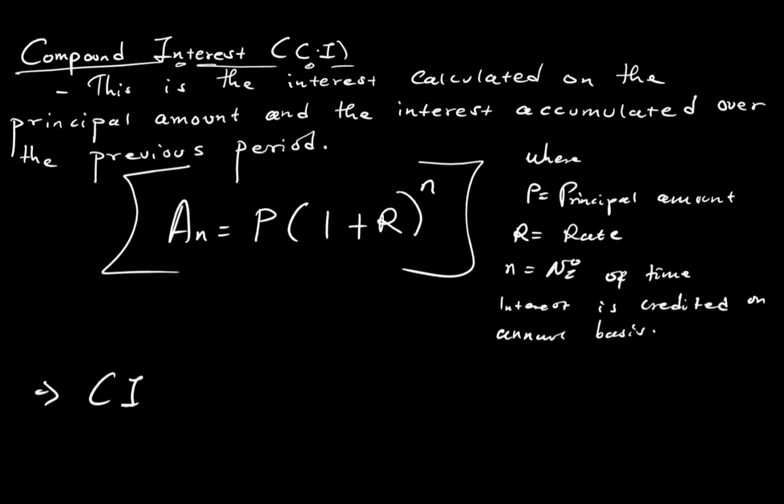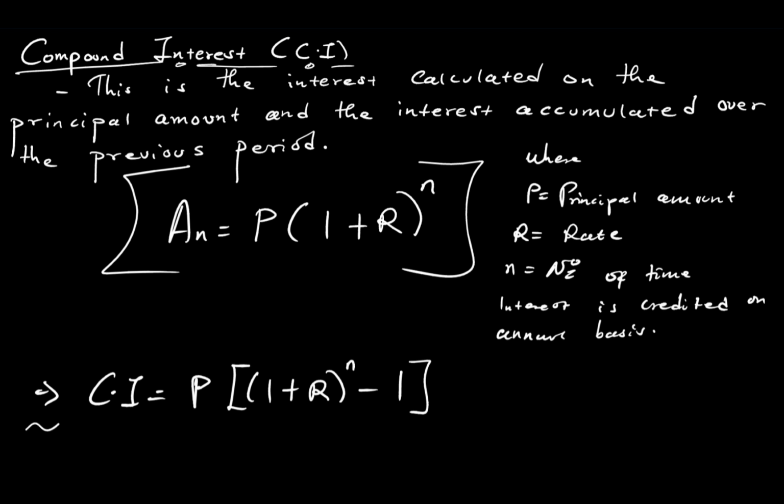The compound interest will be calculated by multiplying the initial principal amount by 1 plus the annual rate of interest, which is R, raised to the number of compounding periods, which is n, then minus 1.